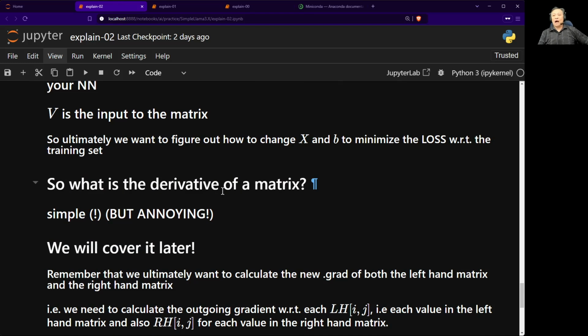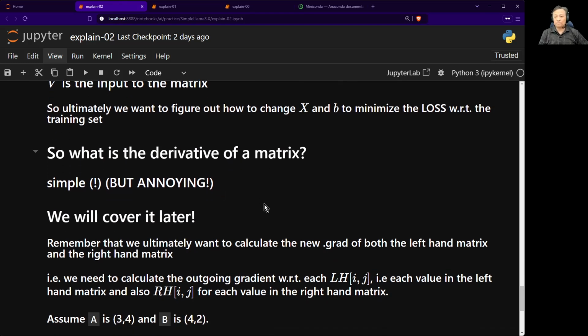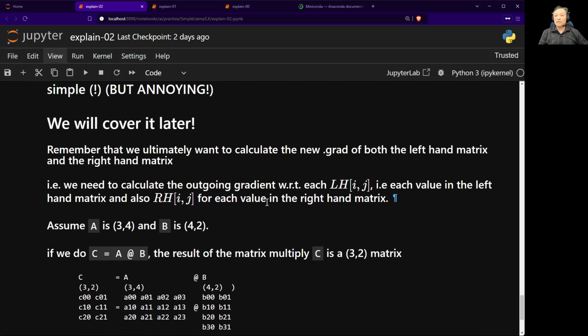So how do you calculate the derivative of a matrix? It's simple but annoying, and we'll cover it later. Remember that what we want to do is calculate the grad field. Remember we started with a value class. We're going to be adding another thing called dot grad, or dot gradient.